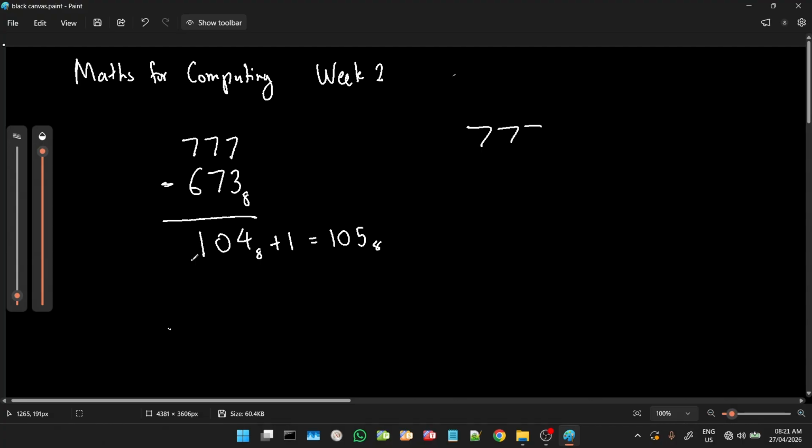What if you subtract something like this, say 670, or let's say you subtract 600, so you're going to get a 177, right? What will happen if you add 1 to this? Well, 7 will pass on and it will become a 0, this will also become a 0, and this will pass over here, and this will become 200.